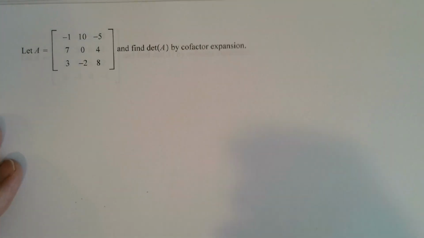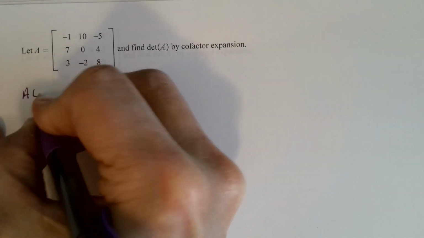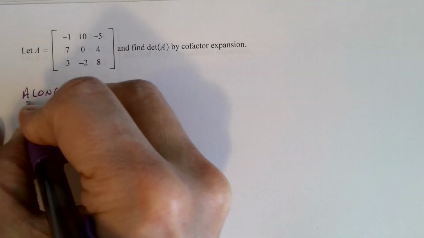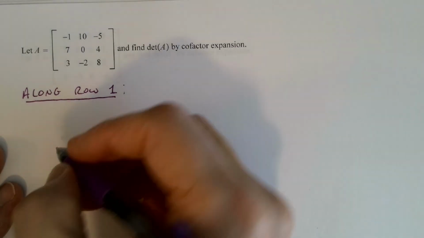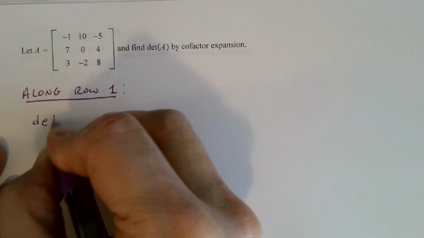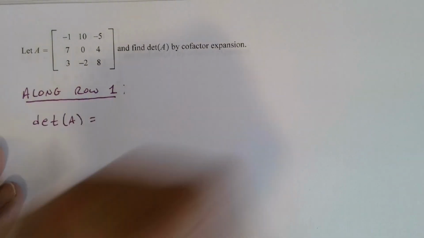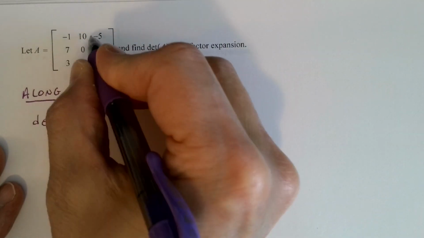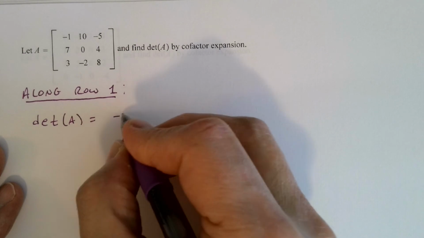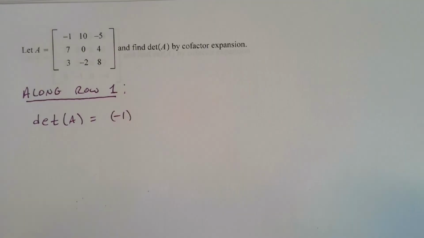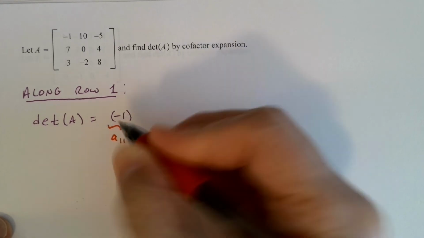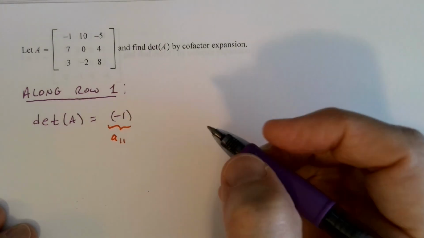I'm going to show you two ways. I'm going to go along row 1 first of all. And so the determinant of A in this case is A11, so I'm going along the first row: negative 1, 10, negative 5. I take that entry, negative 1, so that's my A11 there. And then times its cofactor.